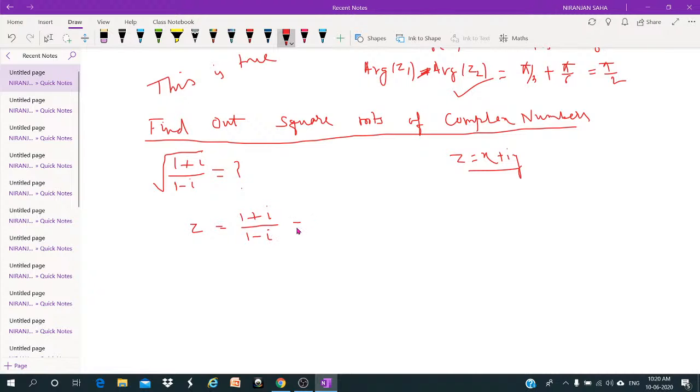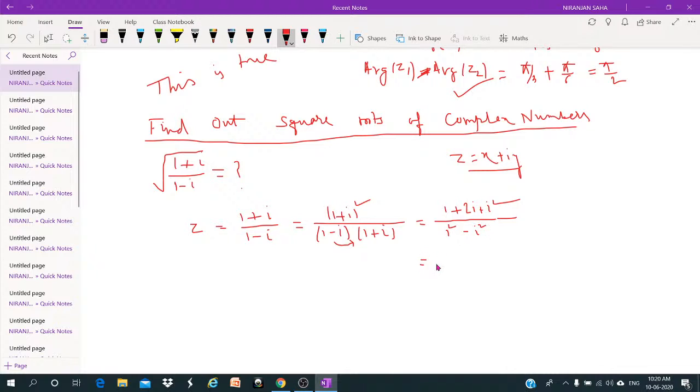We will multiply by the conjugate of the denominator: 1 plus iota, multiplied by 1 plus iota, over 1 square minus iota square.